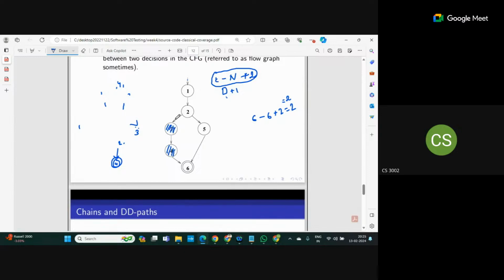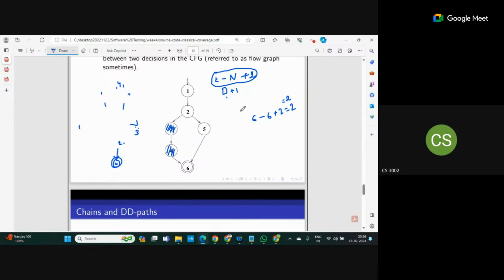It starts with a node and ends with a node, those are distinct. And within this, the vertices have in degree 1 and out degree 1. So in between two decisions, whatever nodes lie there are in sequential execution, right? Because in degree 1 and out degree 1 means there is no branching.